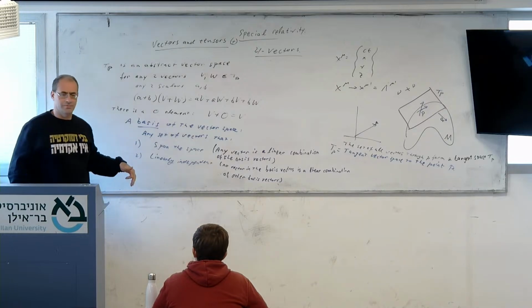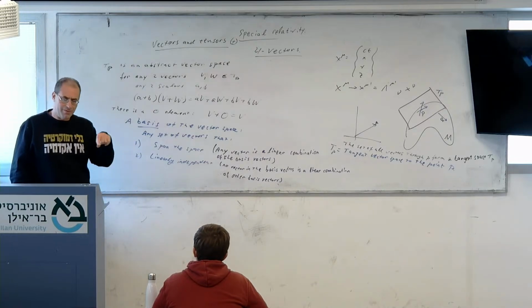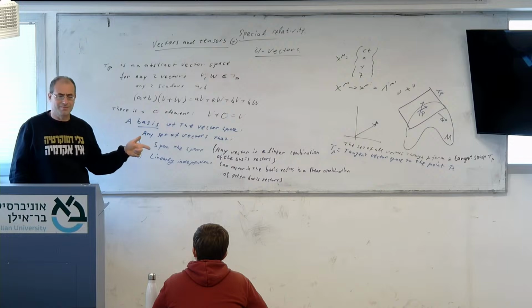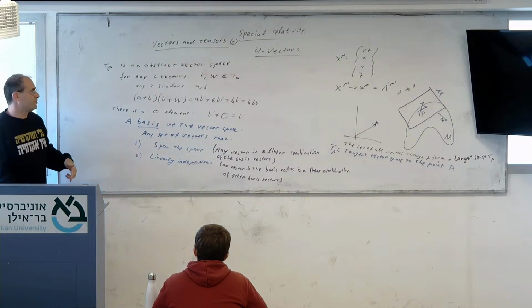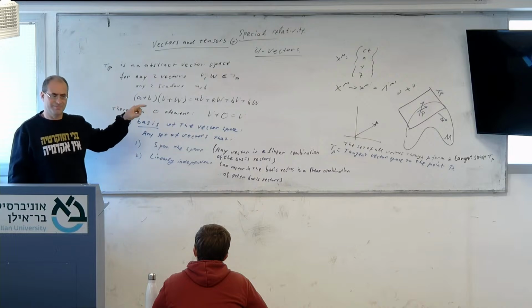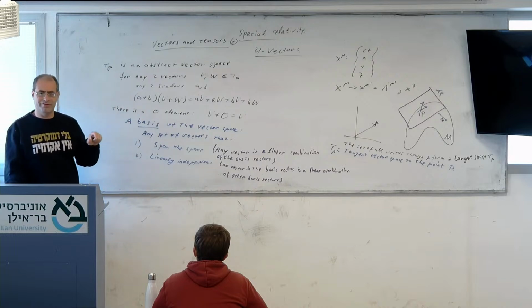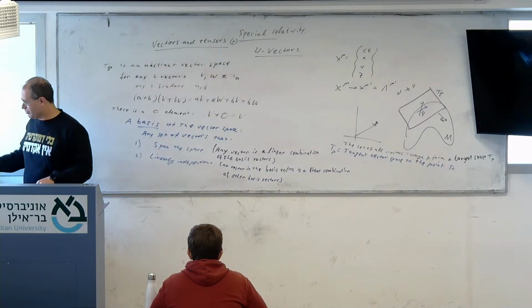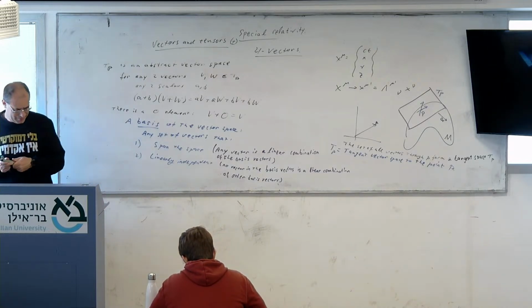How many vectors will be in each basis? N, the dimension of the space, which we call D. So there are infinitely many bases, but all of them contain the same number of vectors, which is the dimension of the space. Maybe I should write it down.